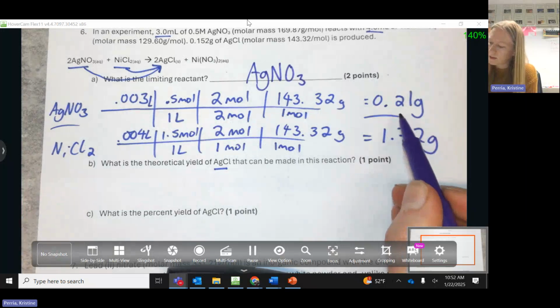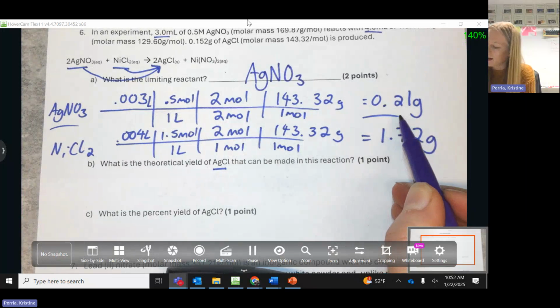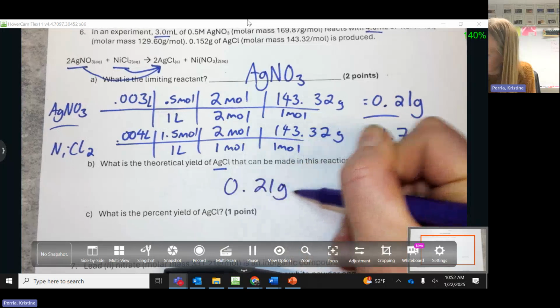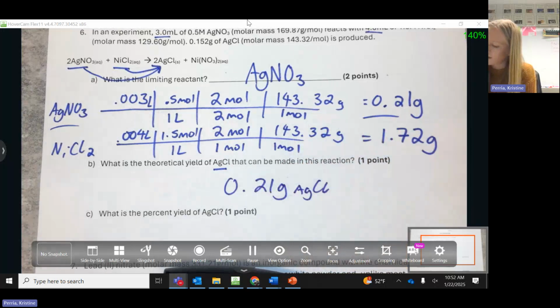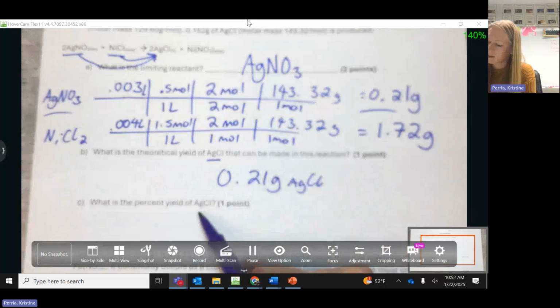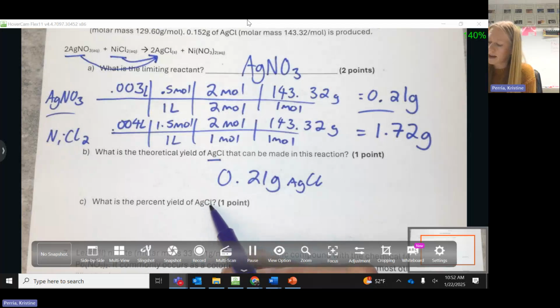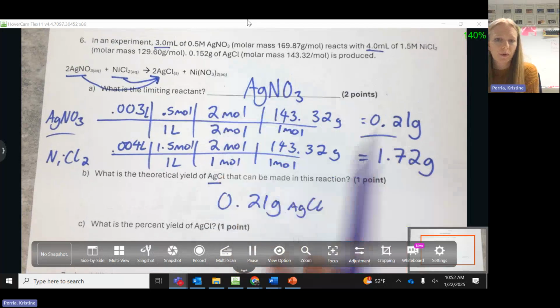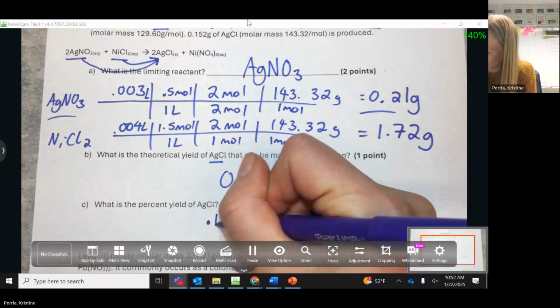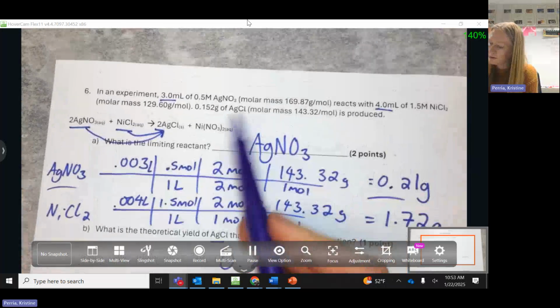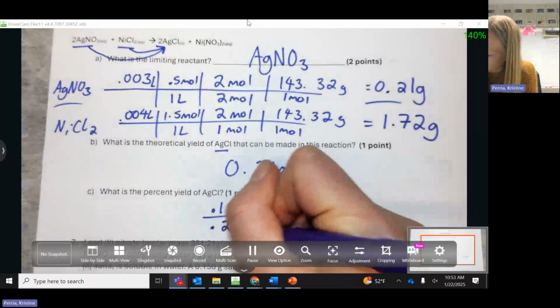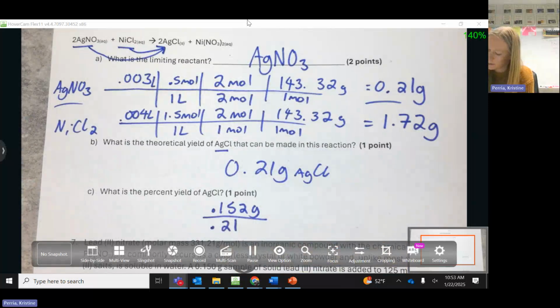And then this, of course, is going to be our limiting reactant, or sorry, our theoretical yield. So this one's going to be 0.21 grams of AgCl is all that can be produced. Percent yield is what was actually produced divided by what should have been produced. So what was actually produced is 0.152 grams in the experiment, divided by 0.21, okay, times 100.